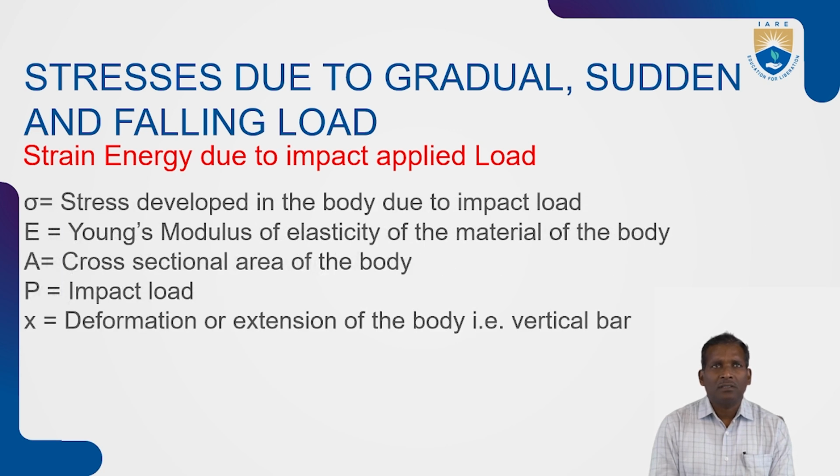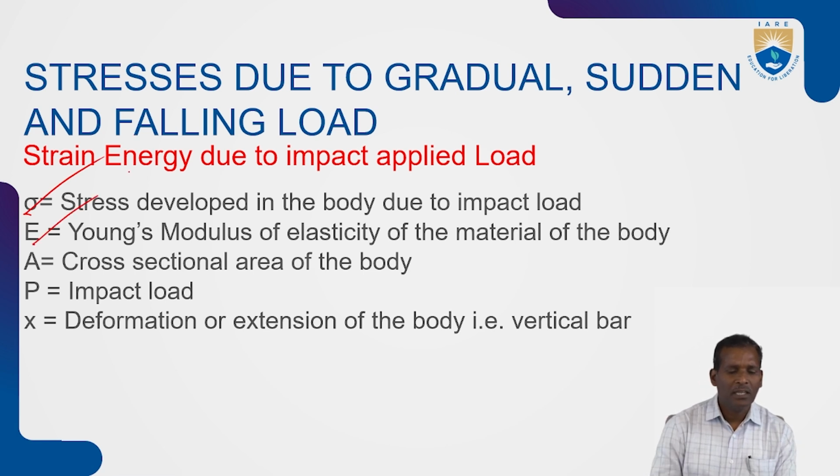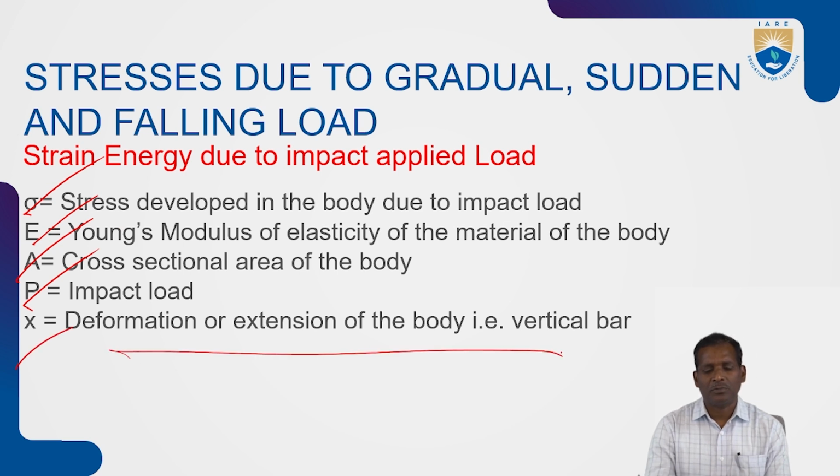So we have the following information from the above figure, where a body is subjected to an impact load. Strain energy is due to the impact applied load. Sigma is the stress developed in the body due to impact load. E is Young's modulus of elasticity of the material of the body, A is the cross-sectional area of the body, P is the impact load, and X is the deformation or extension of the body, that is the vertical bar.